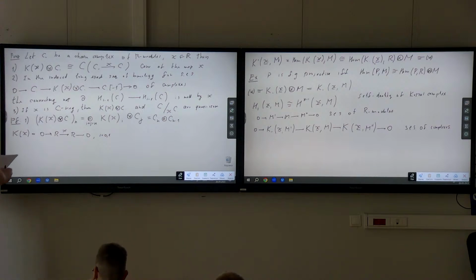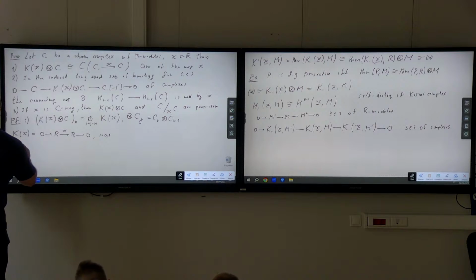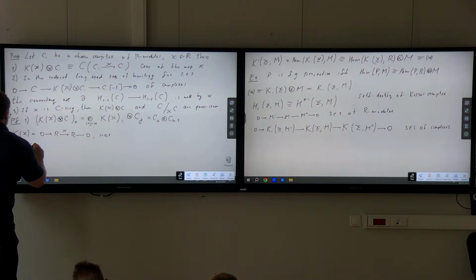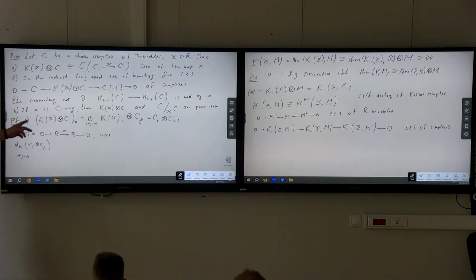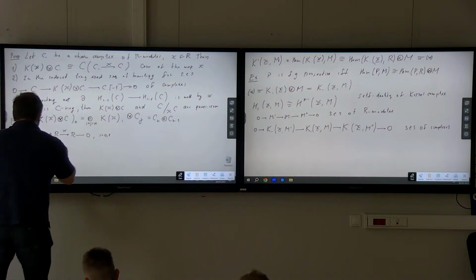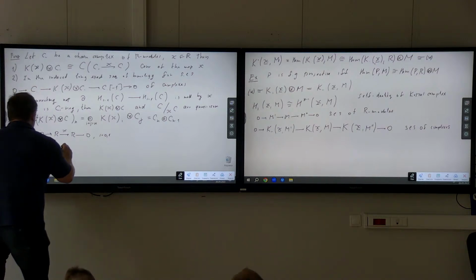Okay, now the differential. Let me again call the differential on the tensor product dn. It acts on Ri tensor Cj, where of course I assume i plus j equals n. Ri is an element of the first complex of degree i, and Cj is an element of the second complex of degree j. By definition, the differential on the tensor product is the following.